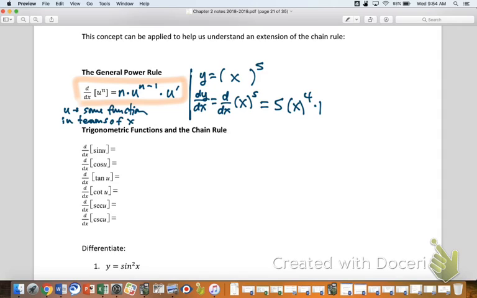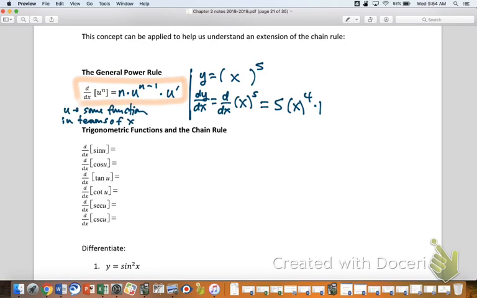Well, what's 5x to the fourth times 1? 5x to the fourth. And so it would have been really silly if I had said, hey, let's learn this power rule, and oh, by the way, the derivative of x squared is 2x times 1, and the derivative of x cubed is 3x squared times 1. You would have been like, what's with all the times 1s? It's silly, right? But maybe now it's not so silly.